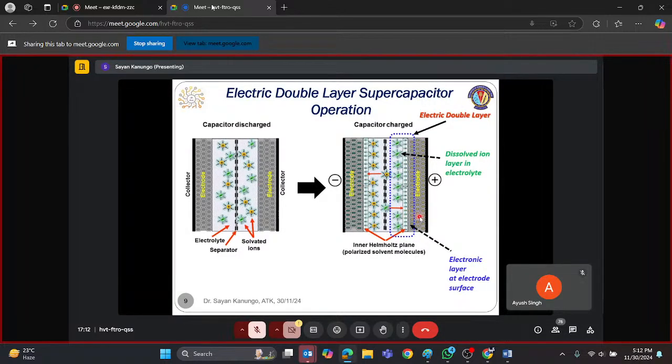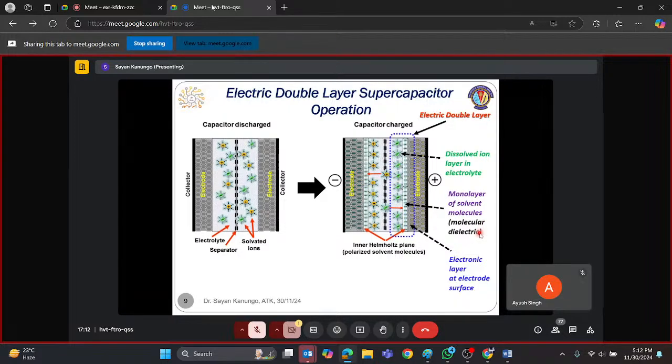Now these two layers are physically separated by the polarized solvent molecules between them. Usually a monolayer of solvent molecules separates these two layers, and these polarized solvent molecules basically act like a molecular dielectric layer.